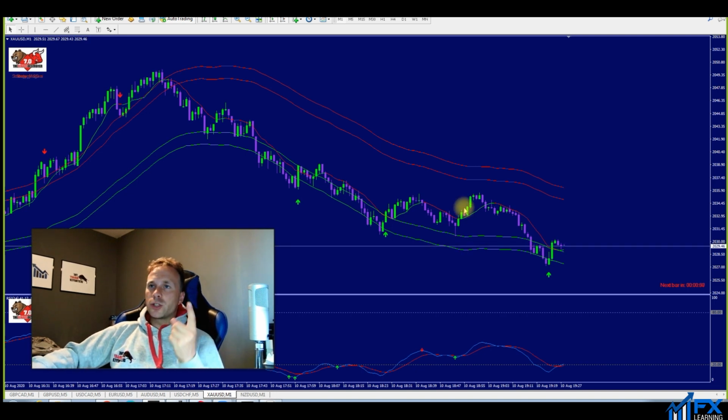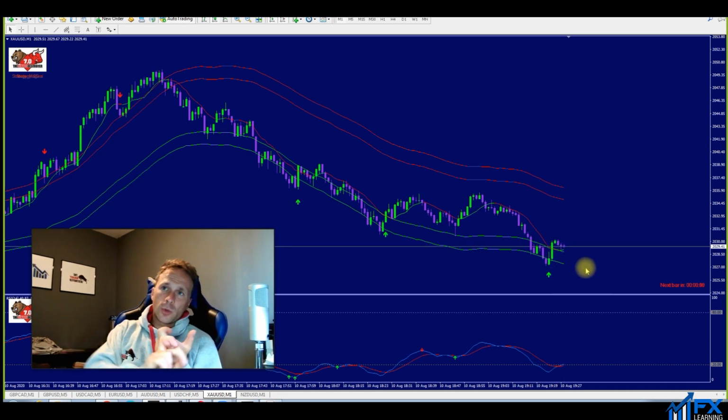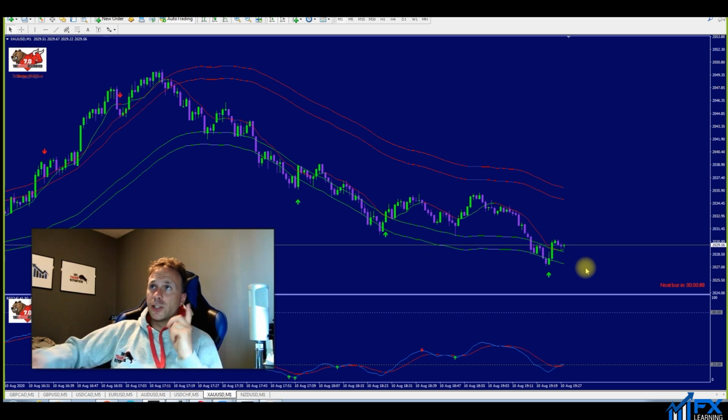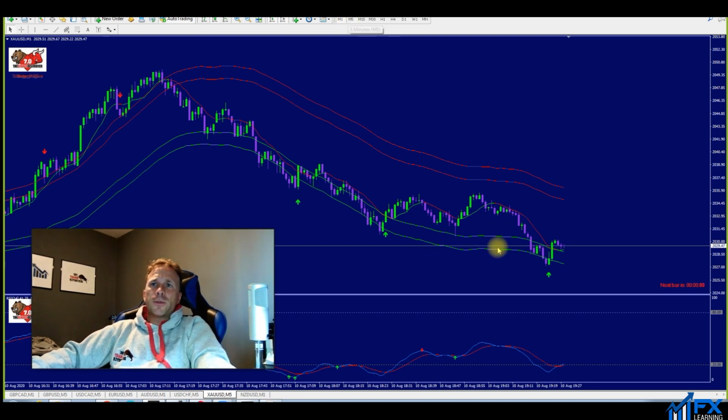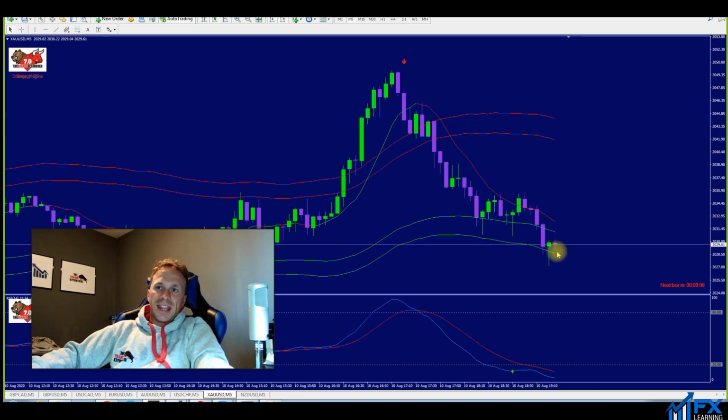Now, the reason why I took a buy on gold is you can see here how the MACD and RSI has crossed over, and we've popped a signal arrow. So signal arrow, MACD and RSI have crossed over, which is really, really good. But what I also like, which confirmed it for me, is if we go over to the 5-minute charts, look at this rejection wick here on the 5 minutes.